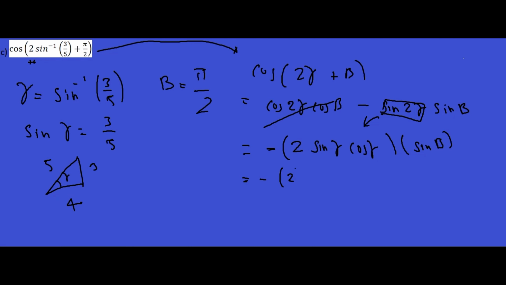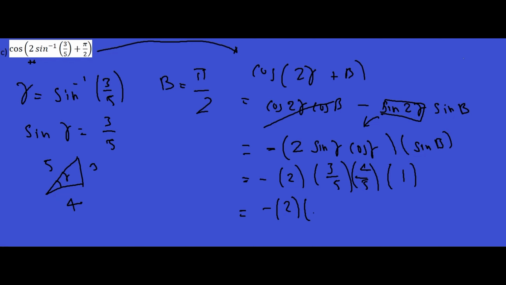Sine gamma is opposite over hypotenuse, which is 3 over 5. Cosine gamma is 4 over 5. Sine B is sine pi over 2, which is 1. You can input it inside your calculator and we get 1. Make sure your calculator is in radian mode. Pi over 2 is equal to 90 degrees.